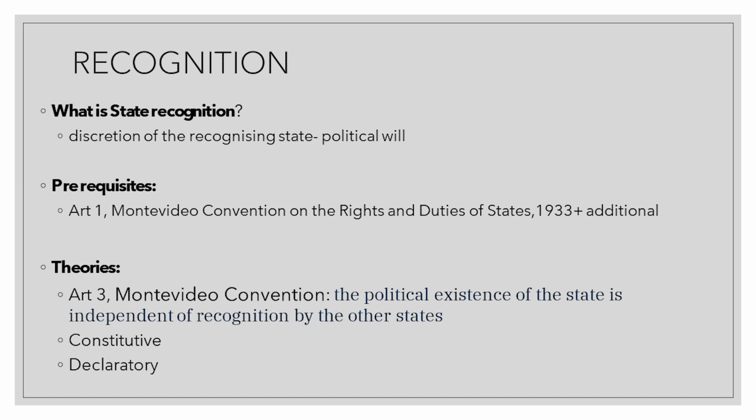But as per declaratory theory, the thinkers will say that the state came into existence on 1st January 2006 only. And the fact that state A recognized it on 1st February 2010 and state B recognized it on 1st March 2011 are mere declaration of such state as a state.